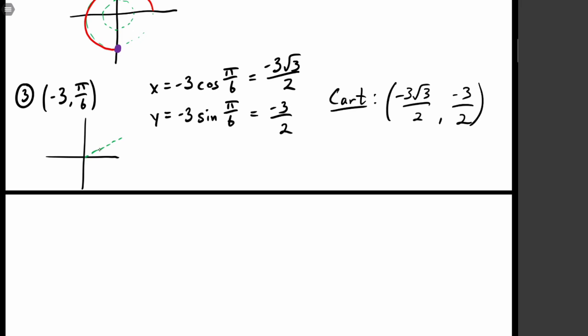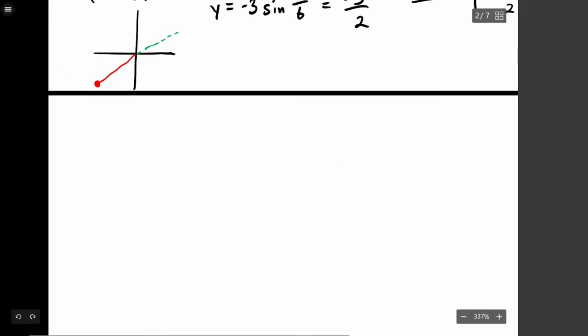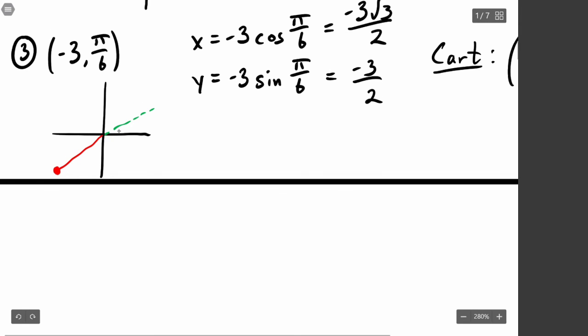But since we have a negative r value, once we go to this angle pi over 6, we then have to move backwards by the distance of 3 to our point. Sorry about that. We stay on the same line as this green dashed one here, but we move in the opposite direction.